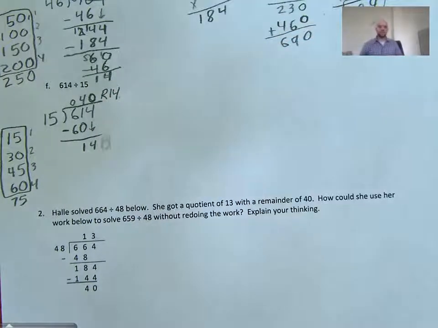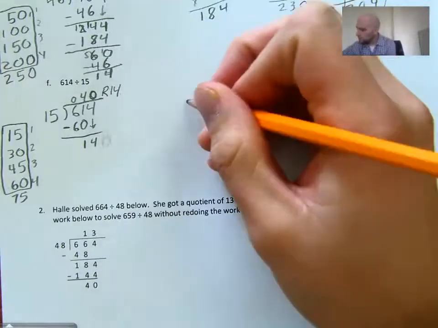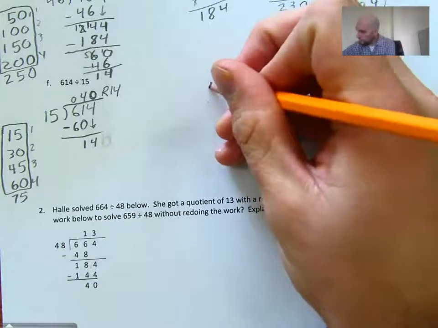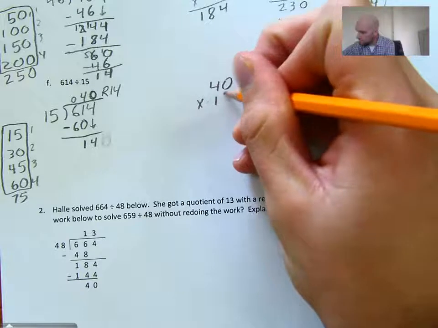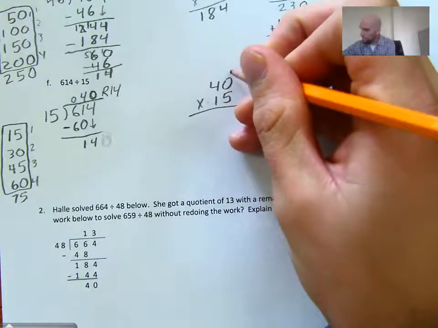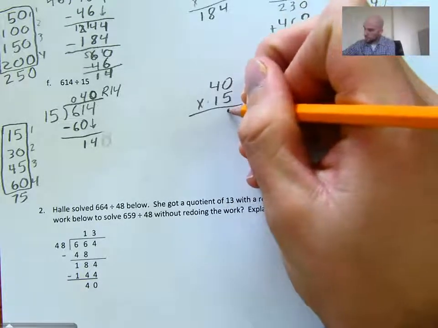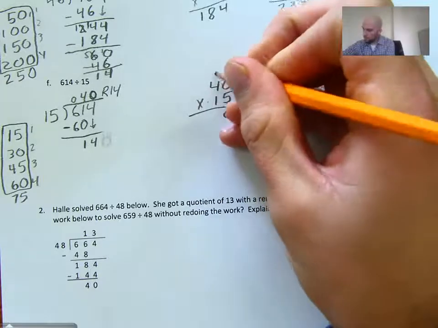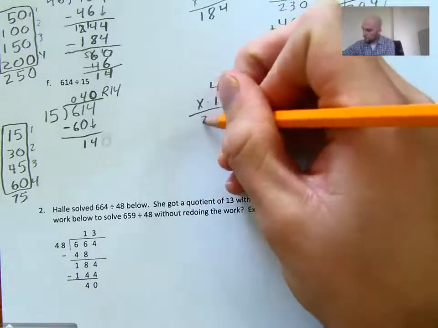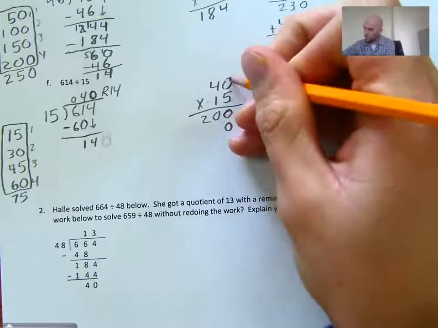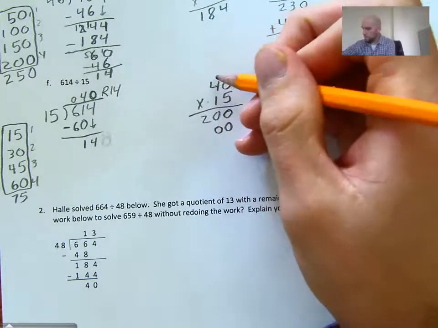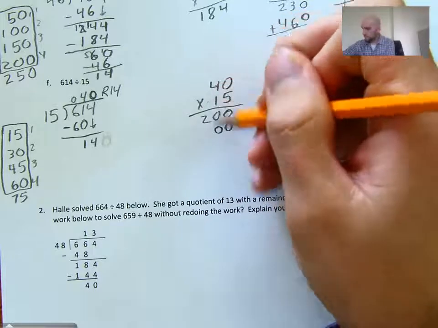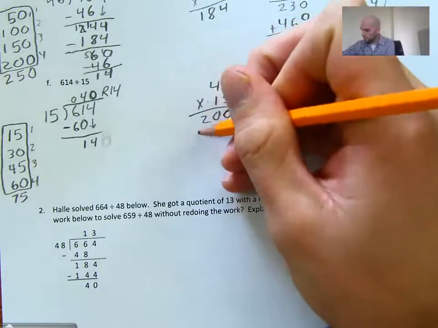So let's check it to make sure that this all works. So we do 40 times 15. And we'll get 0, 20, 0 is a placeholder, 0. 4 times 1 is 4.